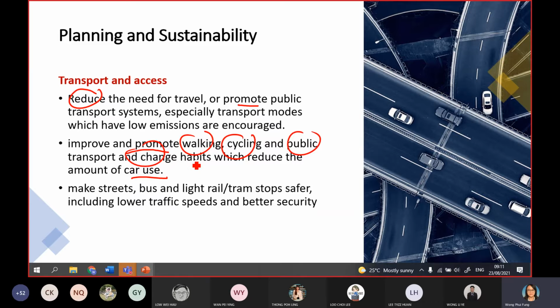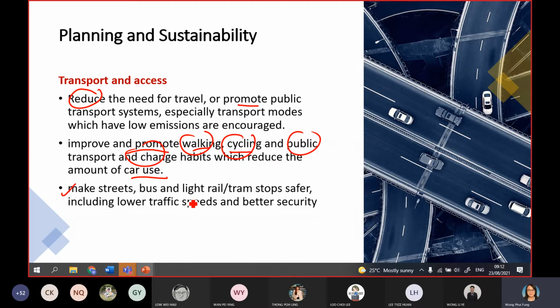Okay, but the problem is, especially in terms of walking and cycling, I think in Malaysia it is not so popular because we don't have a dedicated walkway. We don't have a dedicated cycling pathway separating the pedestrians from the cyclists. That is a problem in Malaysia.